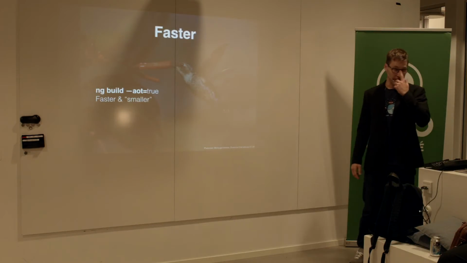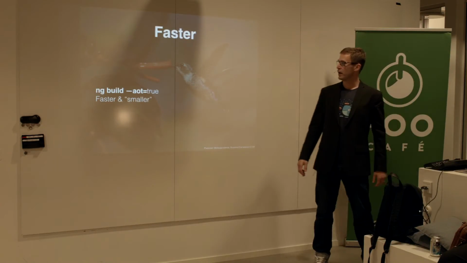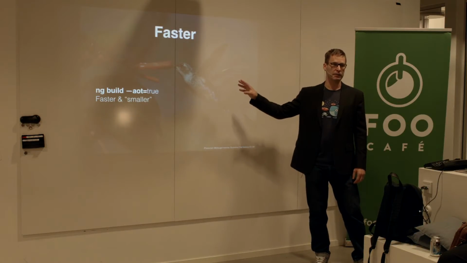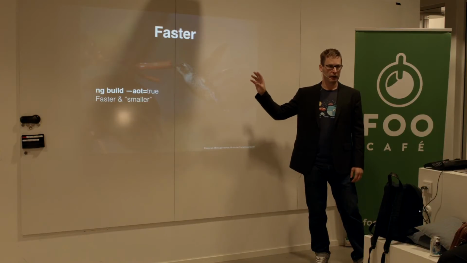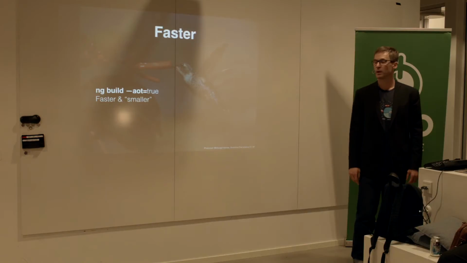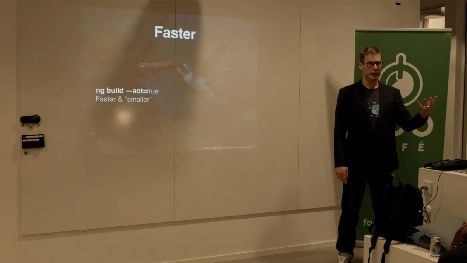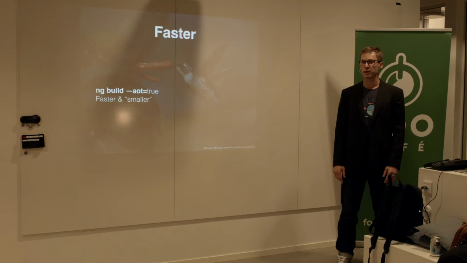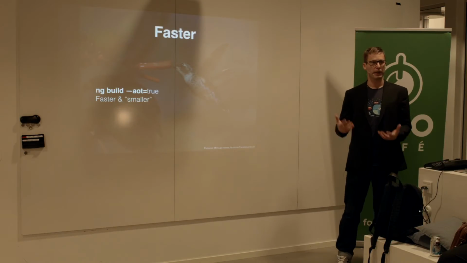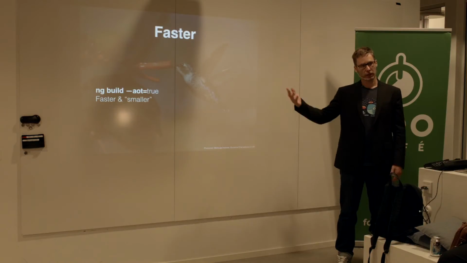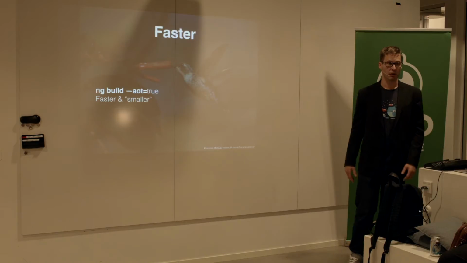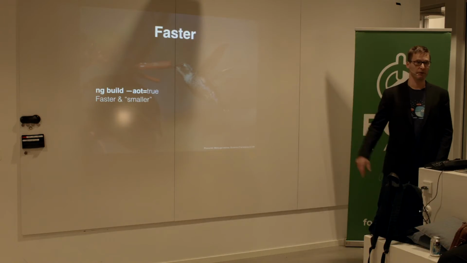And here is the one that I mentioned before, ahead of time compilation, which will compile all your templates into JavaScript. So when it's sent to the browser, it's already compiled and makes the rendering much faster. And depending on how many templates you have compared to how much JavaScript code, your application can become bigger or smaller, but it will be faster.